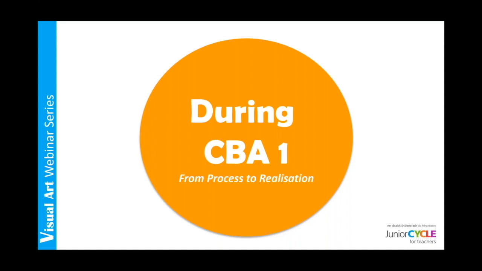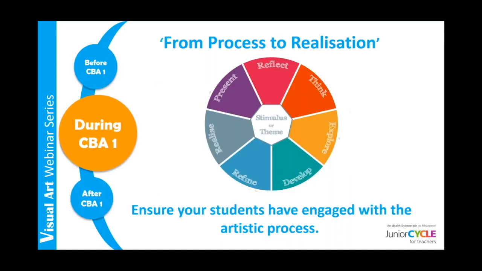Now we will take you through the steps to consider during the classroom-based assessment. As we mentioned earlier, CBA 1 gives students an opportunity to experience an approach that reflects that of a practicing artist, craftsperson or designer. It allows the students to experience an organic artistic process.